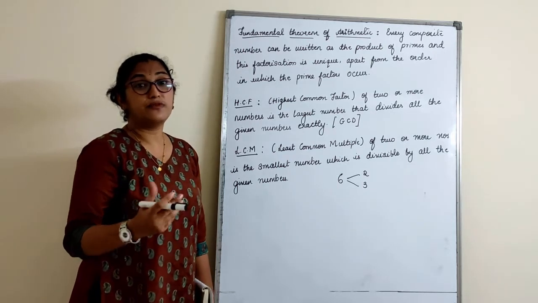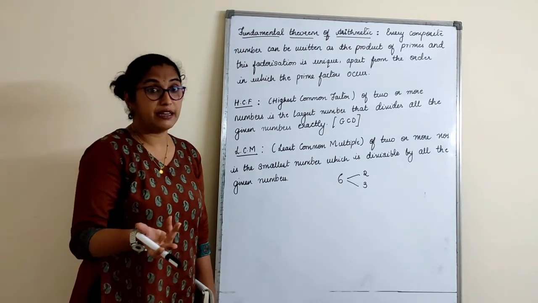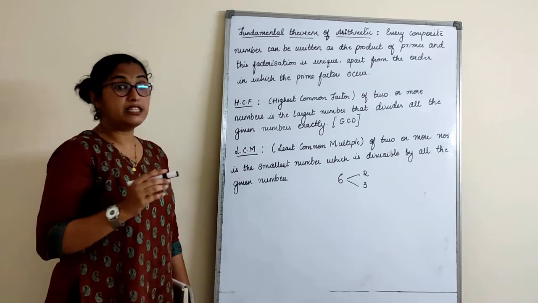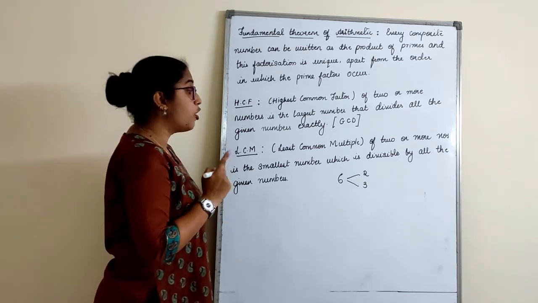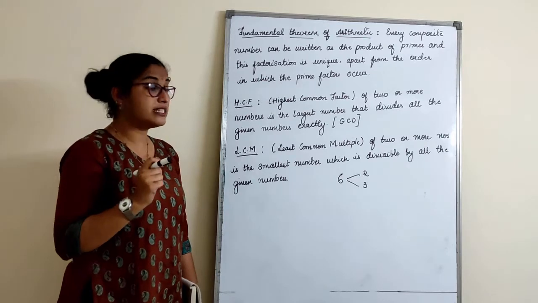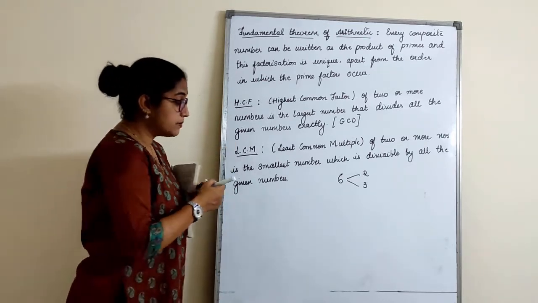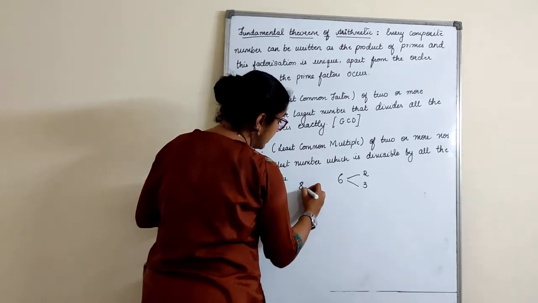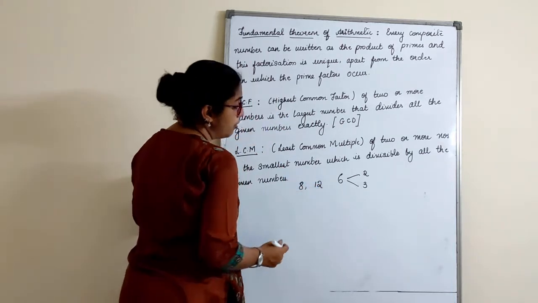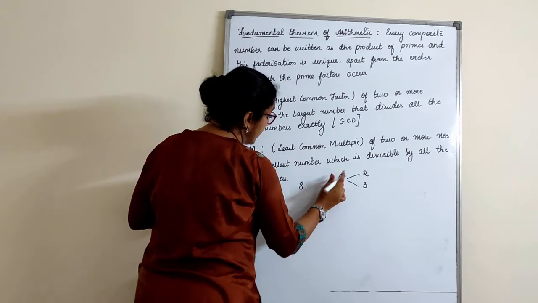You might have done this: find the HCF or GCD of given numbers. LCM, the least common multiple of 2 or more numbers, is the smallest number which is divisible by all the given numbers.